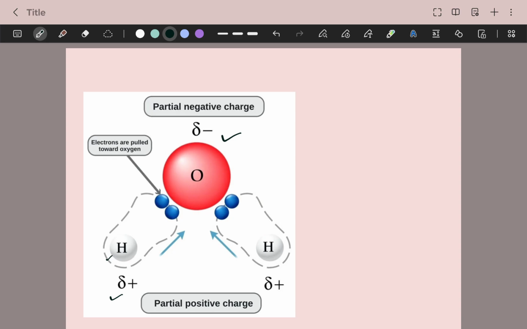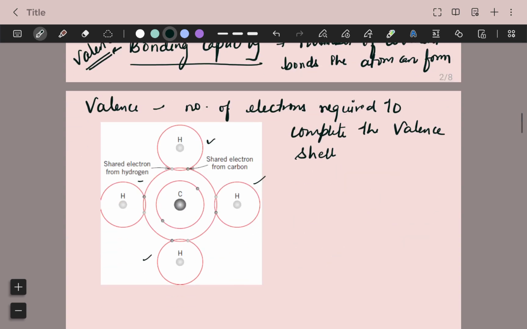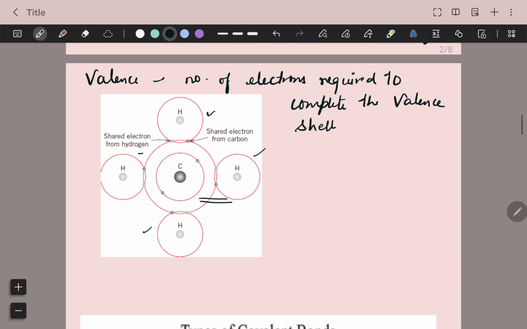But if I say methane, the bonds are much less polar because the electronegativity of carbon and hydrogen is almost similar. There is not much difference. So these bonds are less polar.